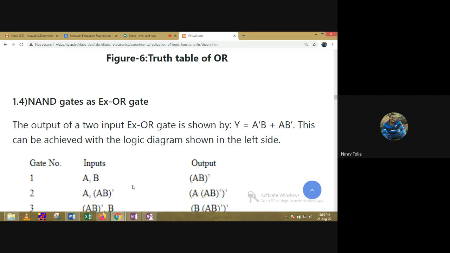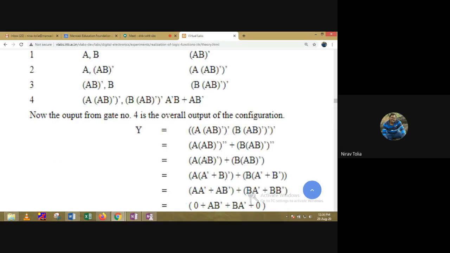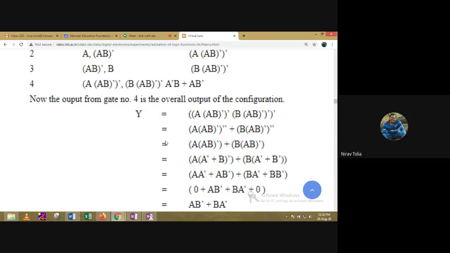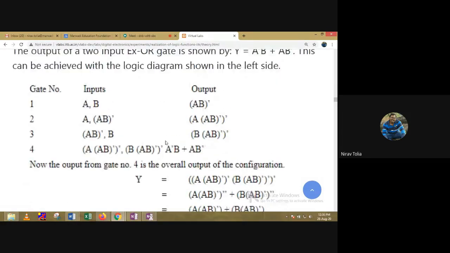For that we have to realize these equations. First, what is the equation of the exclusive OR gate?